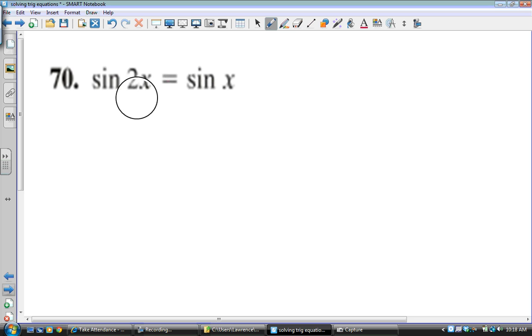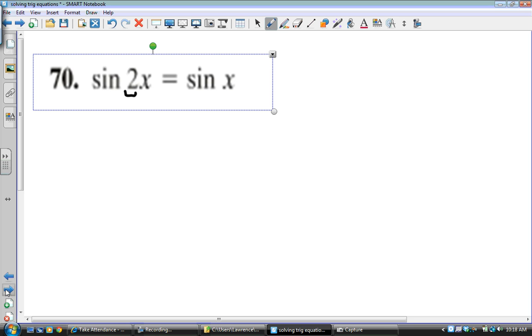Now, think about your identities. What identities that we talked about had a 2 in front of the angle? Double angle. Very good. Nobody in second period figured that out. So we can use our double angle identity. Let me write it over here since some people are going to be watching this on YouTube.